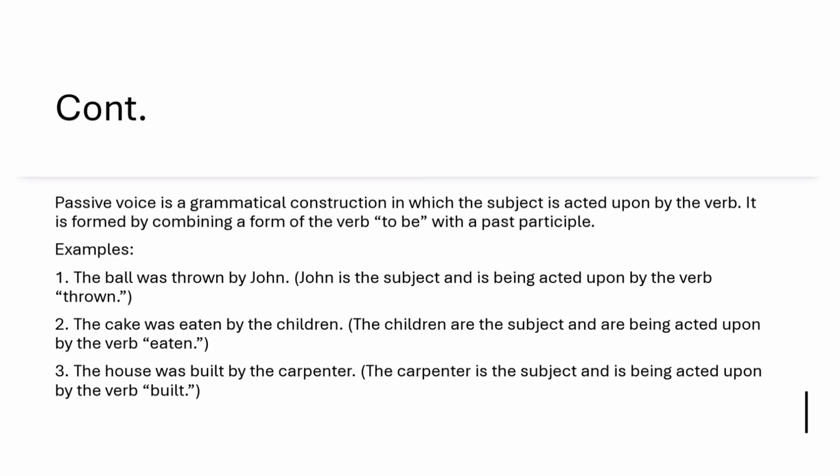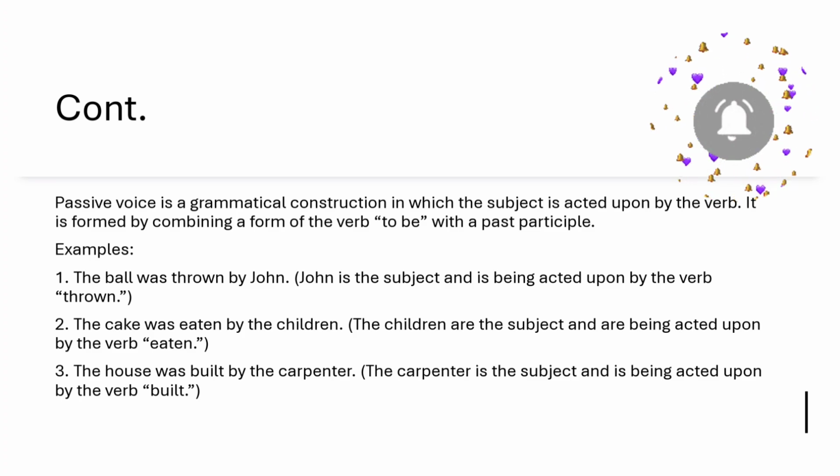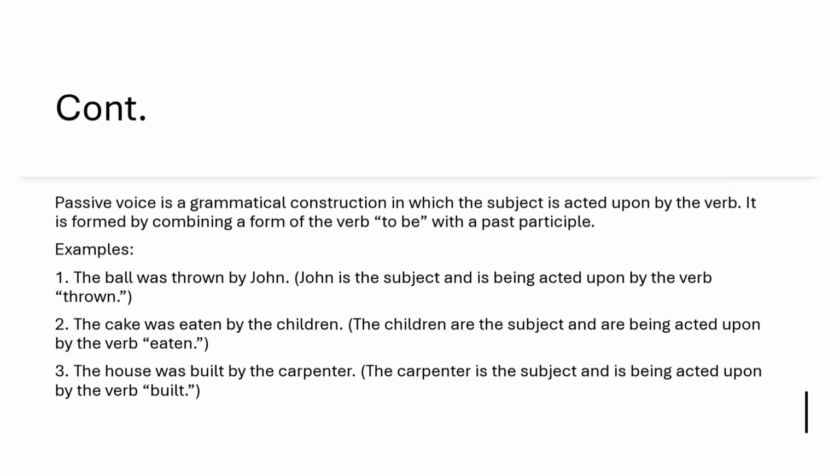The basic definition of passive voice is a grammatical construction in which the subject is acted upon by the verb, formed by combining a form of the verb to be with the past participle. For example, the ball was thrown by John. Here the ball is the subject, was thrown is the action, by is the preposition, and John is the subject. The basic formula of passive voice is object plus verb plus subject.